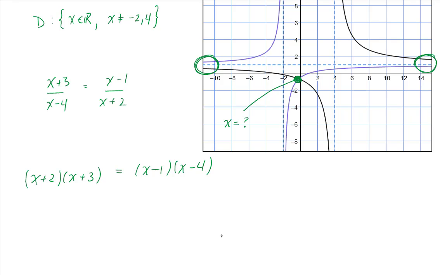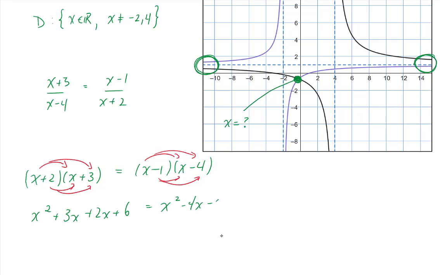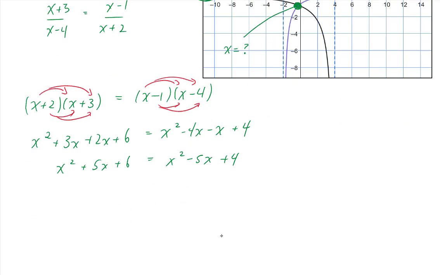We need to expand and simplify, and then move all the terms to one side of the equation. Finally, the last step is to solve for x.